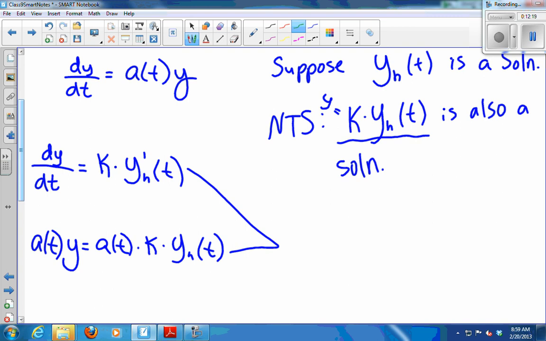On the bottom, no, I'm just plugging in A of t times y. So I'm plugging into the left-hand side, plugging into the right-hand side, and I want to show that they're equal. But it's the same on both sides.